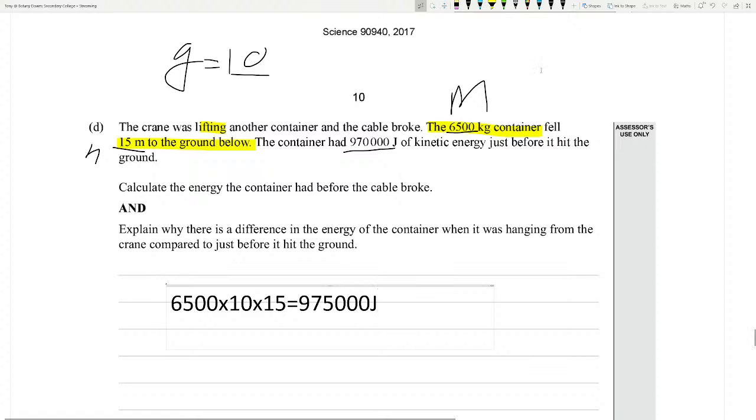Alright, so in this case, you can see that the EP is 97,500 joules. You can see the EK has 97,000 joules just before it landed. Where did the 5,000 joules go? The 5,000 joules is lost because of heat and sound. Can you imagine the cable being broken when it's holding a container?